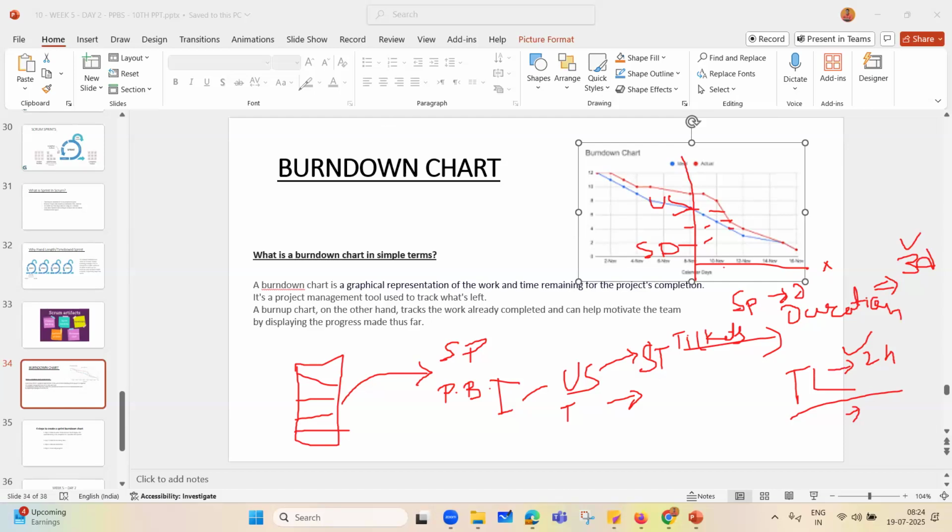But one thing you understand: while it is tracking the user stories' story points, it won't be able to track everything, because it is talking about story points. Every single day the dates are here, and the story points are here.